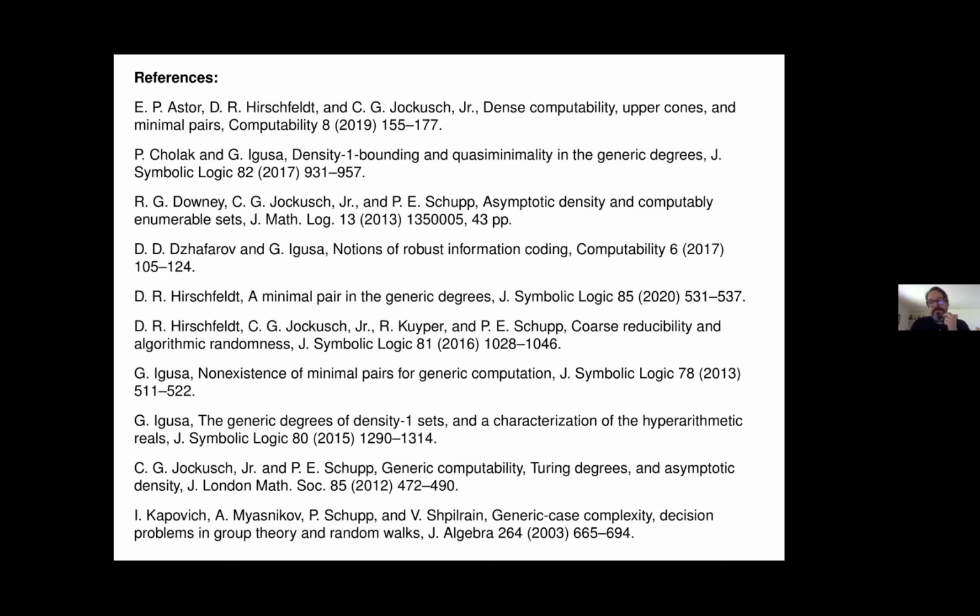Yes, but what about the results of Greg Guza about the non-existence of a minimal pair in the generic relative generic computability? Have you tried this technique? Is there any reason, exploiting anything which is not working in the case of effectively dense computability?